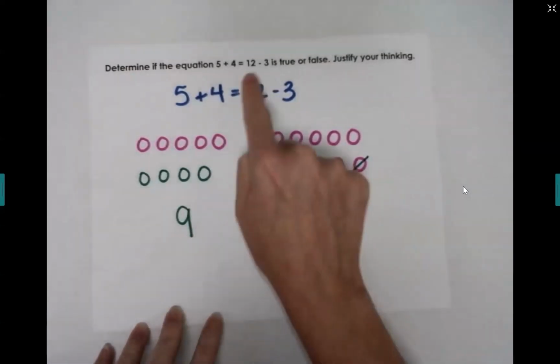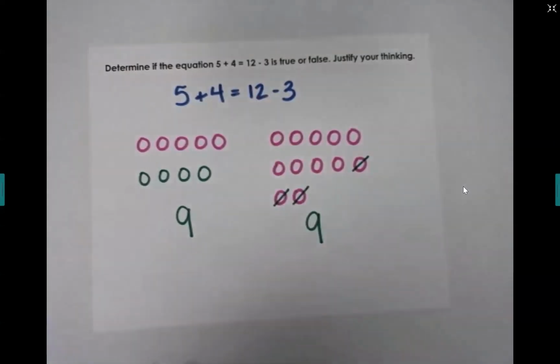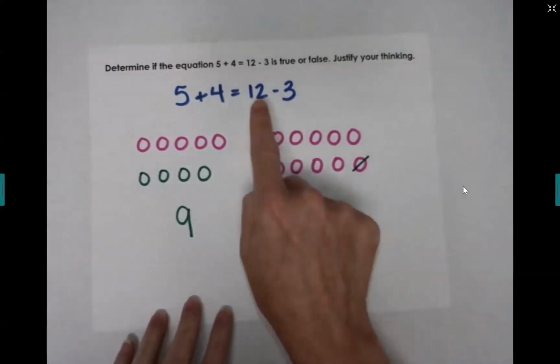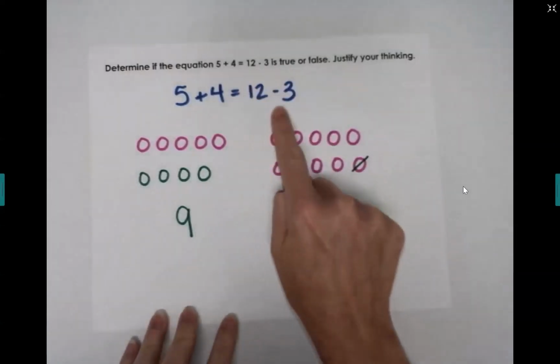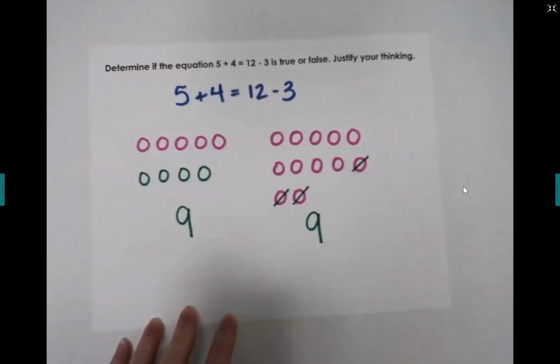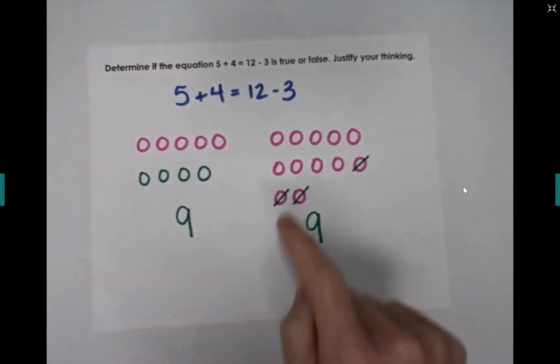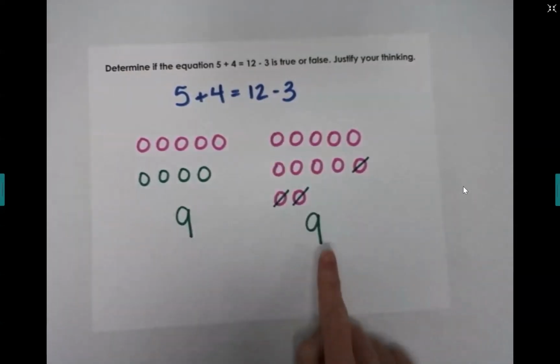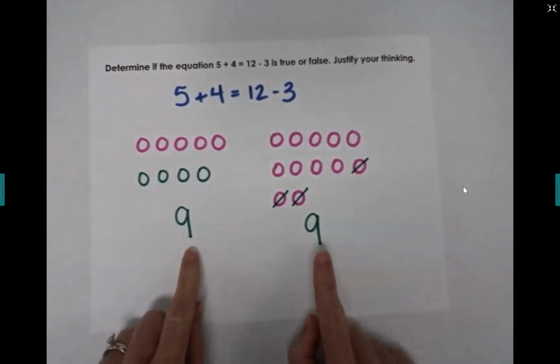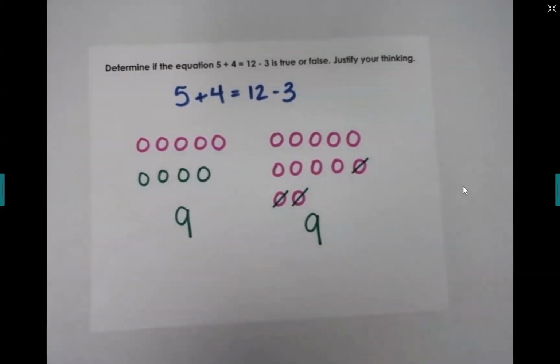And they're only looking at this first number after the equal sign and thinking of that as the answer, when really we see a full expression here, this subtraction expression, that we also need to solve and find that value before we can determine if this equation is true or false.